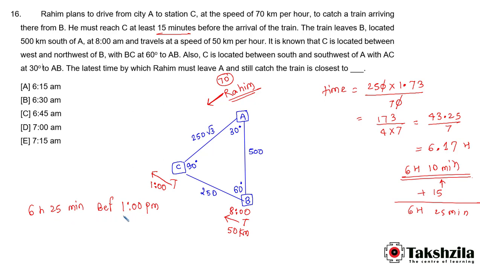If you go 6 hours behind, it is 7 o'clock. From 7 o'clock, let's go 25 minutes behind. It is going to be 6:35. So he should leave city A somewhere around 6:35. The closest option is 6:30. We should mark over here.